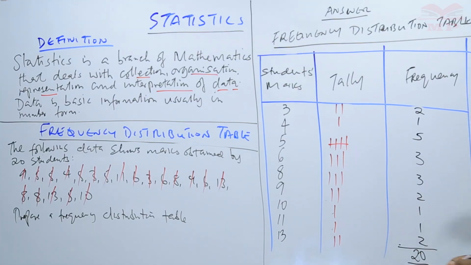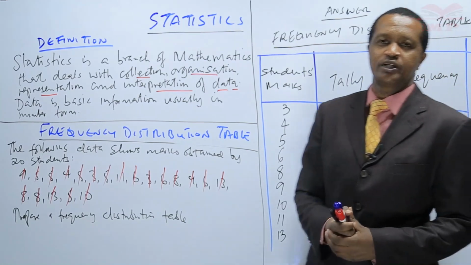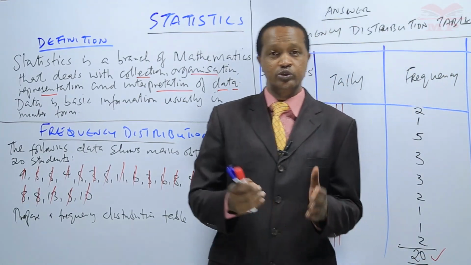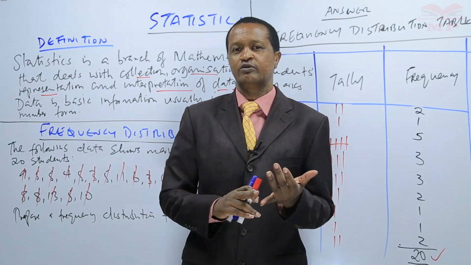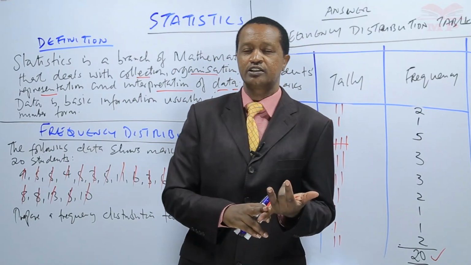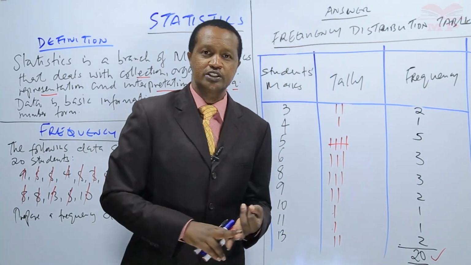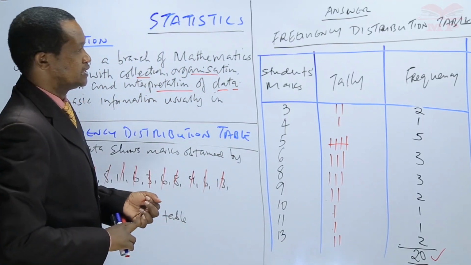20, and this is correct. So we have done 2 examples, learners, in the preparation of frequency distribution table, and that will mark the end of our today's lesson, where we introduce the topic statistics. In today's lesson, we have managed to define statistics and prepare the frequency distribution table.